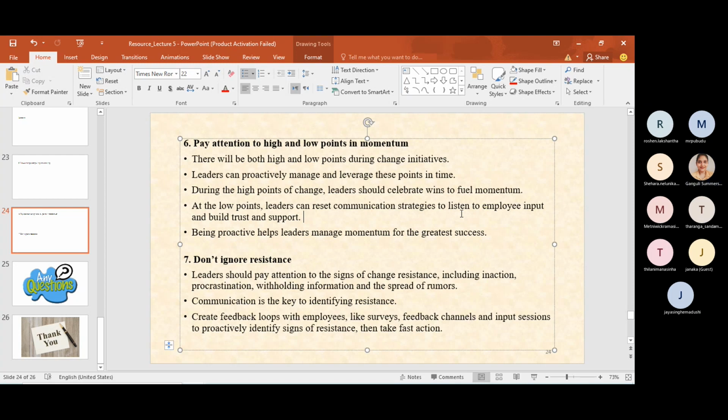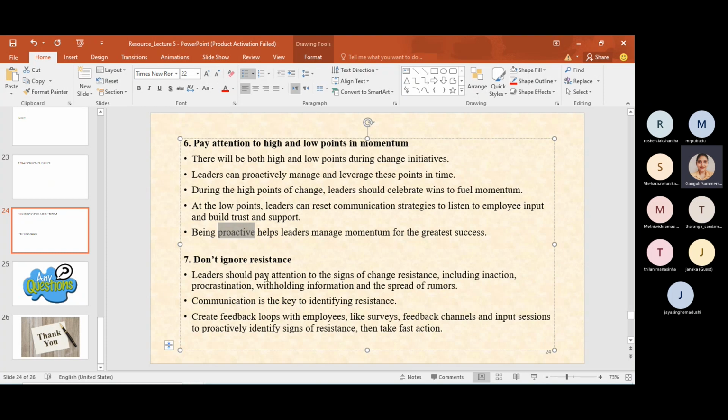Likewise, if you realize that your employees need some sort of support, you have to provide that support to them. As a leader, you have to be proactive. Proactive means self-initiative.